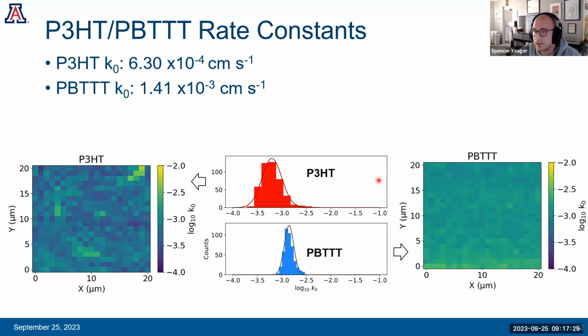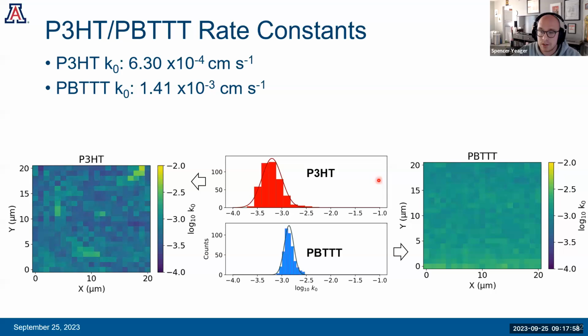And what I get from that is P3HT having a slower rate of electron transfer and a broader distribution of rate constants, whereas PBTTT has a relatively higher or faster electron transfer rate constant.